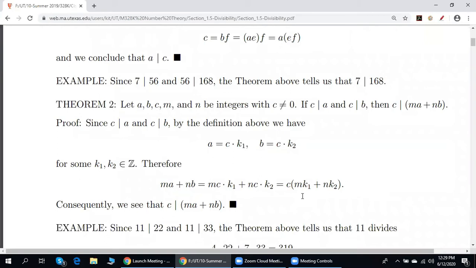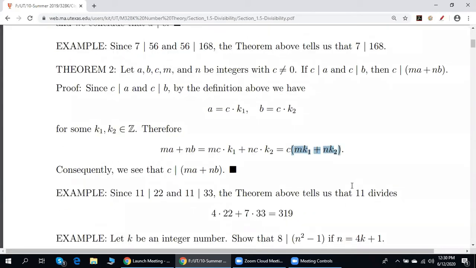Note that since M, N, K1 and K2 are integer numbers, this is an integer. Conclusion: MA plus NB is C times an integer. Therefore, by definition of divisibility, C divides MA plus NB.